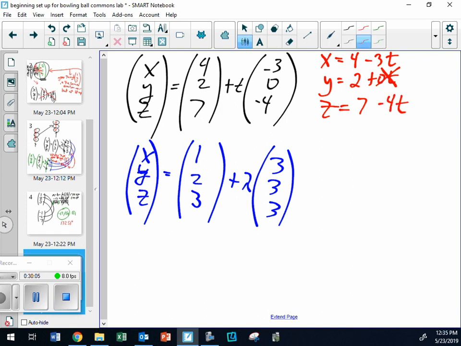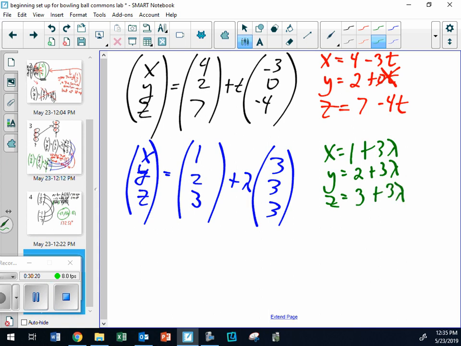And this one I'm going to do in green. All right.